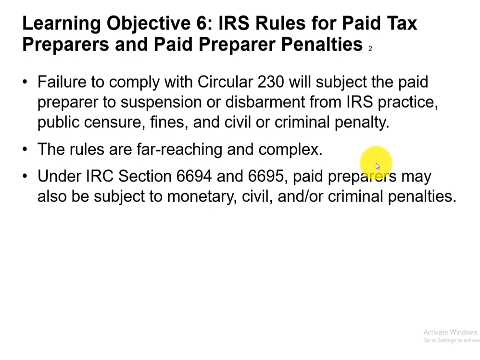If it gets really bad, okay, so there's fines. Very seldom is there a criminal penalty, but fines, which are civil penalties, are not that unusual. Okay, these are fairly complex, and the penalties if you violate the rules are laid out in those two sections of the code you see there.